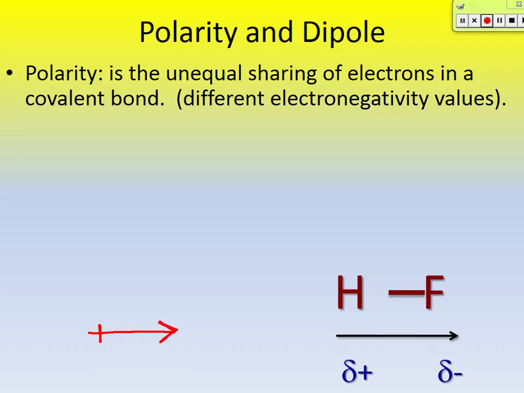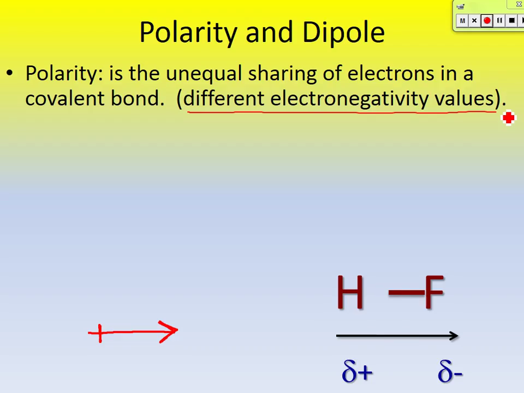They don't share them equally. And the reason is that atoms have different electronegativity values. So the atom that has a higher electronegativity value will pull those shared pair a little bit more closely toward it, and so it causes polarity.